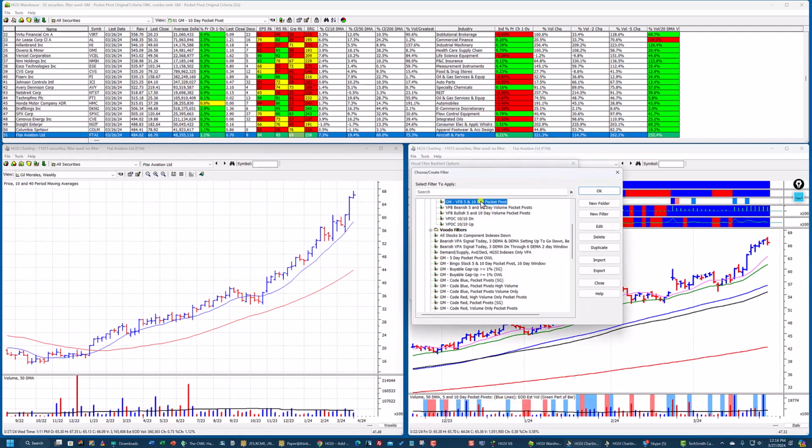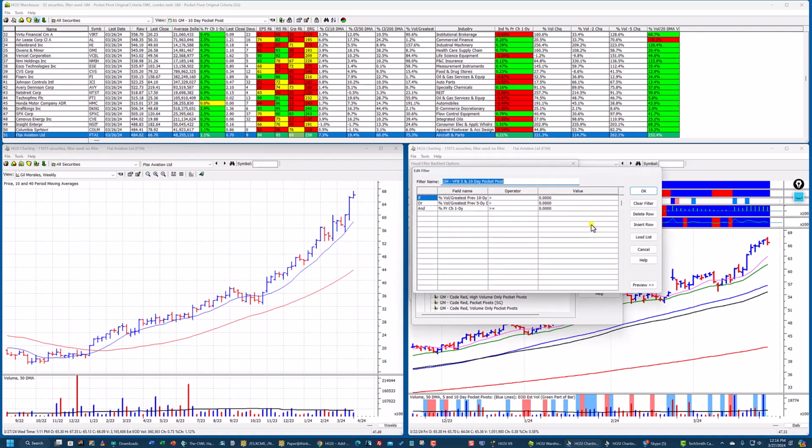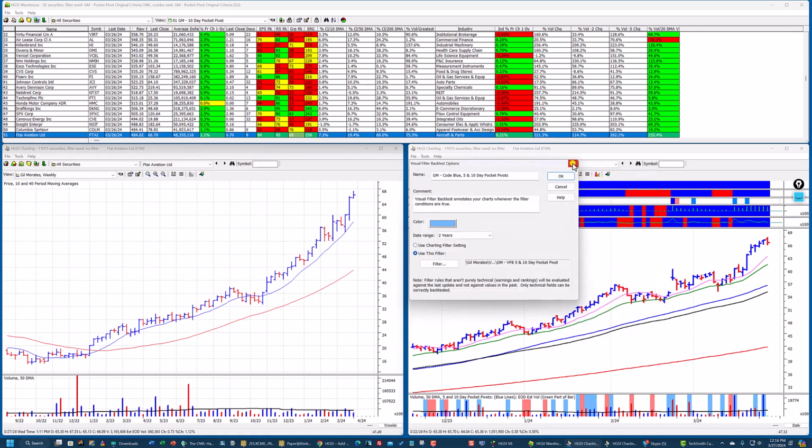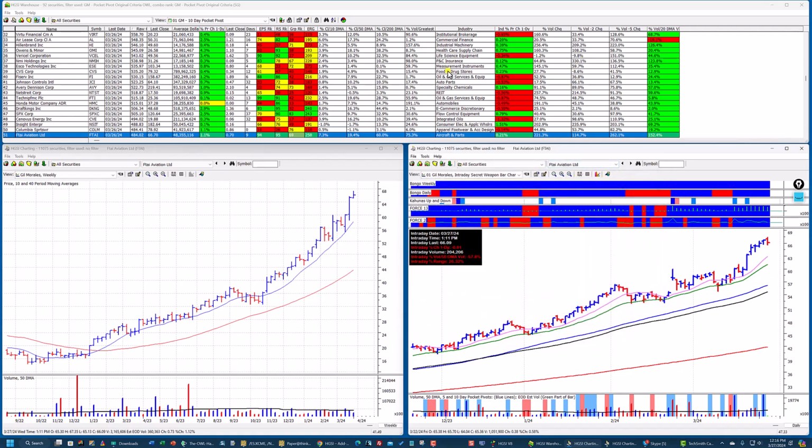So this is called a visual filter back test, and what it does, if either of these conditions are true, both the 5 and 10-day pocket pivot and the percentage price change one day is equal to or greater than 0, then a blue bar is going to be generated. So it won't be just a 10-day pocket pivot, it'll be both.